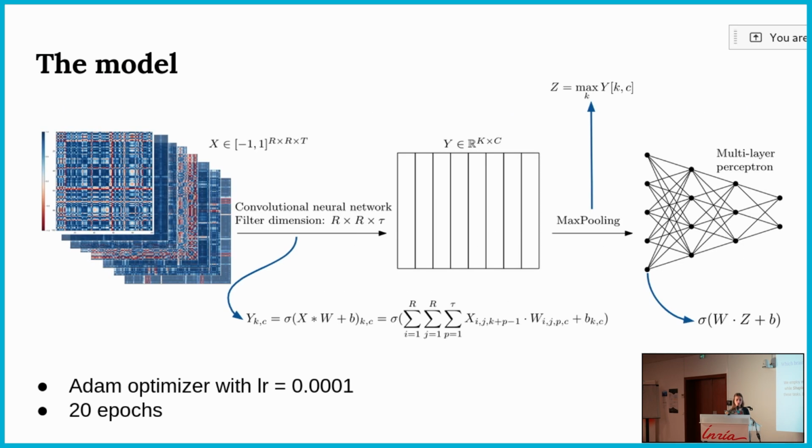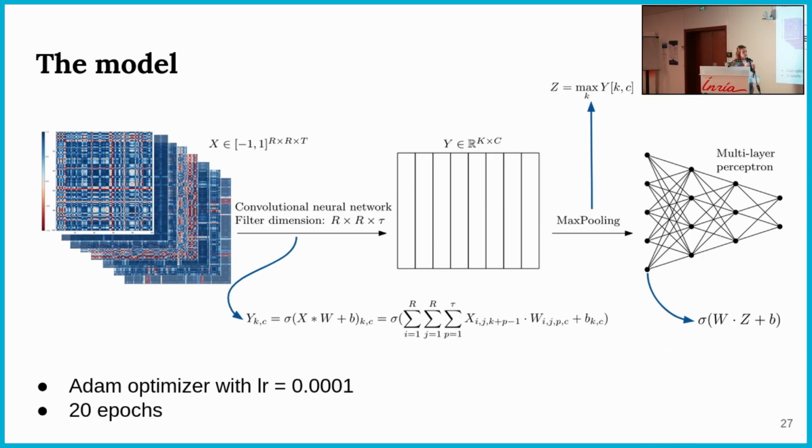The model we used takes in input the temporal brain network of the subject. It applies a convolutional neural network, in particular a neural network that has a three-dimensional filter.